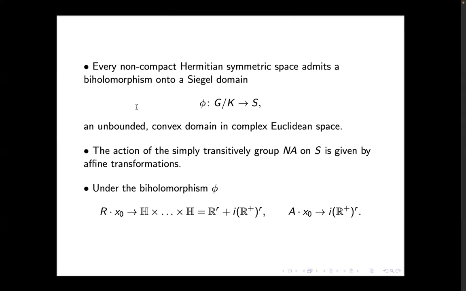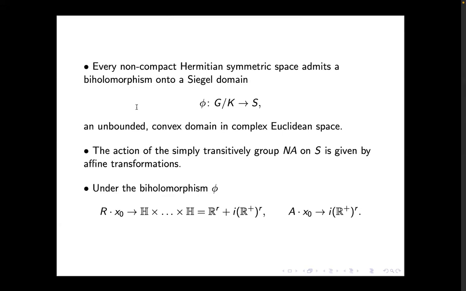The important thing is that the real split solvable group NA acts on the Siegel domain by affine transformations. Of course, NA acts simply transitively on G mod K and also on the Siegel domain, but on the Siegel domain it is really affine.